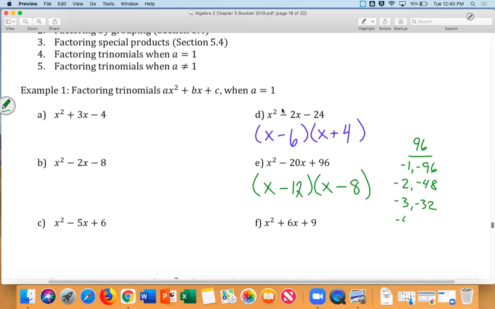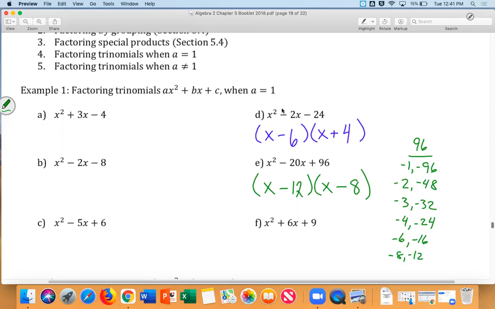Negative 4 and negative 24. 5 doesn't go in. 6 goes: negative 6 and negative 16. All right, 7 doesn't go in. Negative 8 and negative 12.